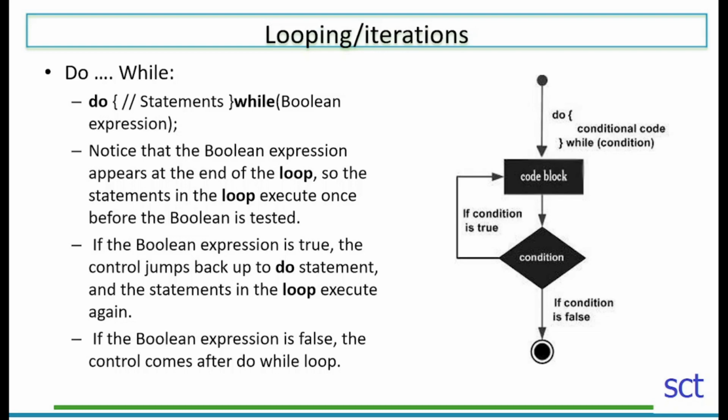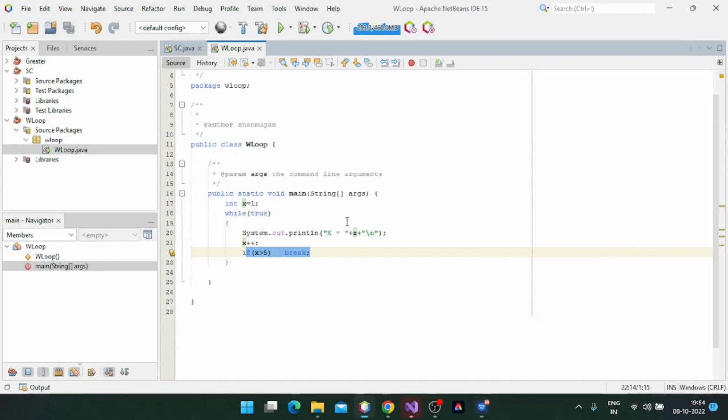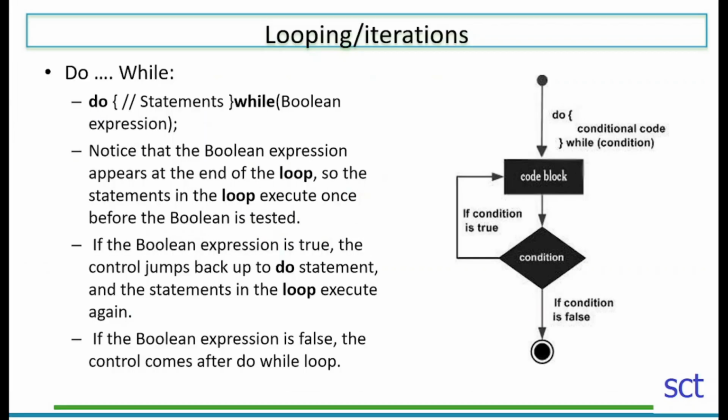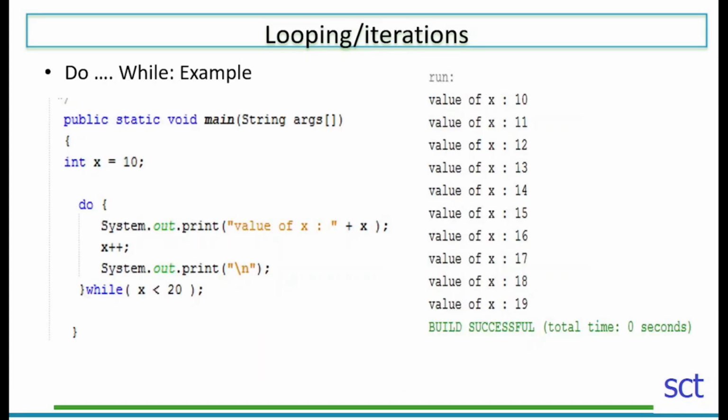Do while is also very similar to while loop, but however at least once it will be executed here. Okay, the syntax is like this. So do the statements, while the condition. That means even if this condition is not satisfied, it will run at least once here.